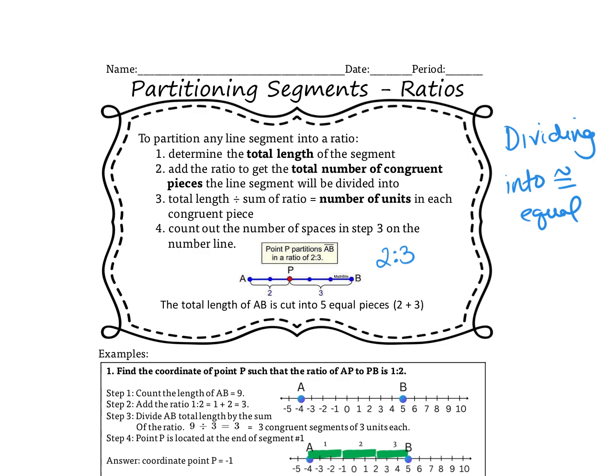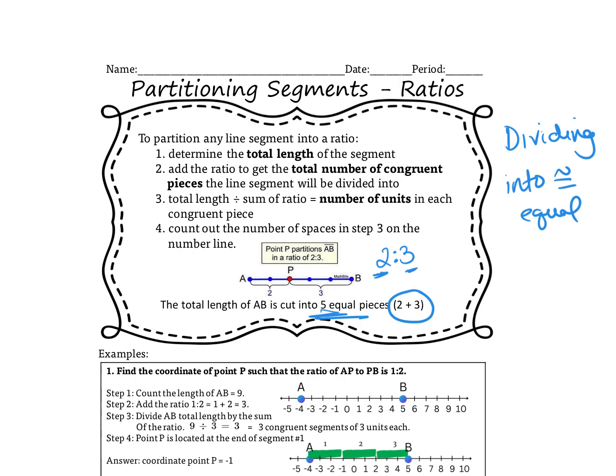So in this particular diagram, we are looking at a ratio such that point P partitions or divides line segment AB so that there are 2 equal parts before point P and 3 equal parts after point P. Okay, so if there's 2 parts on one side and 3 parts on the other, by adding them together, we know that there are a total of 5 equal pieces altogether.